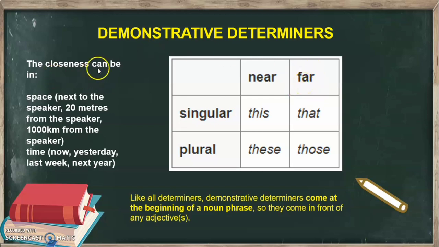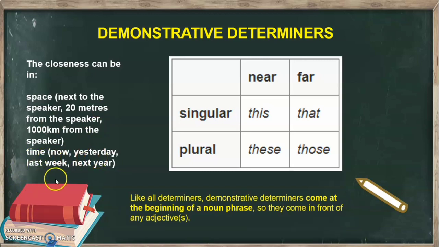The closeness can be space: next to the speaker, 20 meters from the speaker, 100 kilometers from the speaker. So this is what we call space. How near, how far can be meters or kilometers away. Also, the time. How close is it? When we talk about the time, is it now? Is it yesterday?